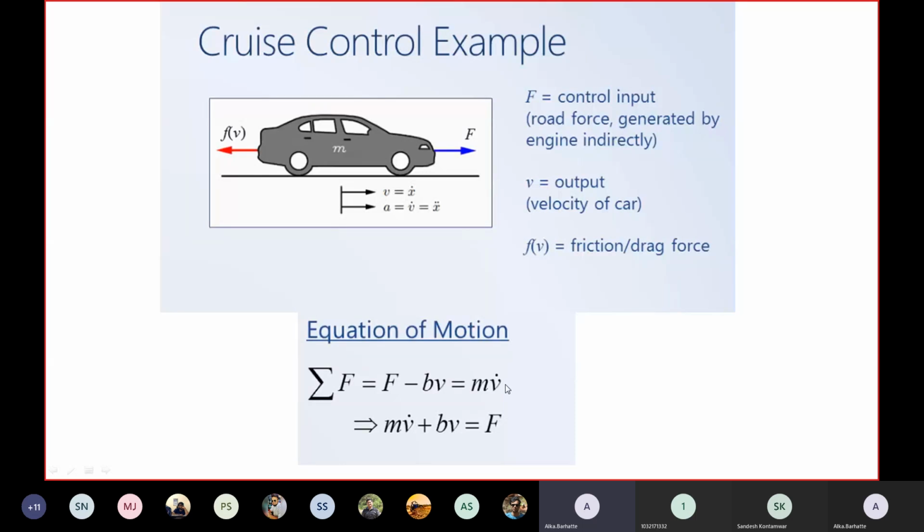Okay, so this is acting as the input and velocity is acting as the output. So this is the differential equation that we are getting, where m is representing mass of this vehicle and b is the frictional coefficient for that particular vehicle which is opposing the velocity, which is always in the opposite direction of the force which is responsible to move your vehicle in a particular direction.